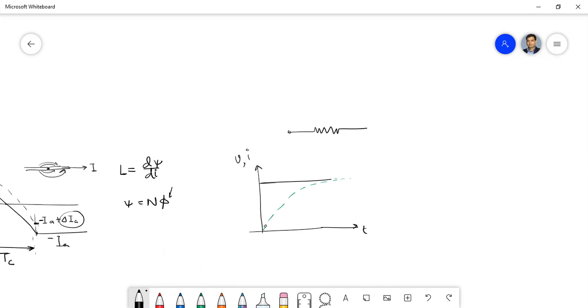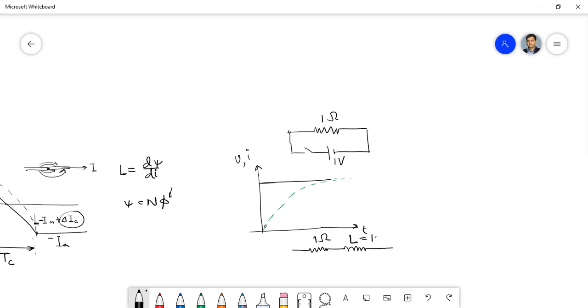Suppose this is an R circuit with a voltage. This is 1 ohm, this is 1 volt. Another circuit you have has inductance and also resistance.